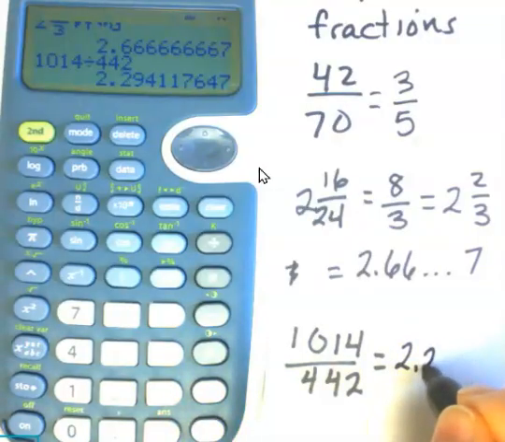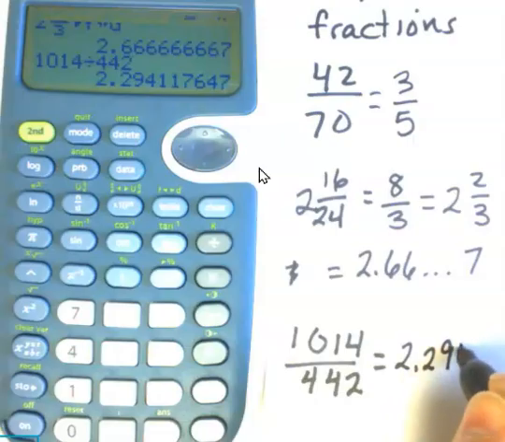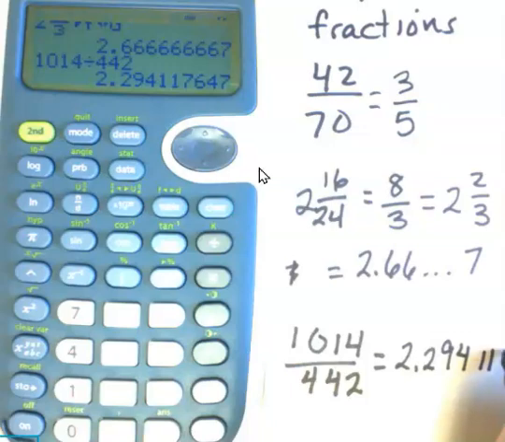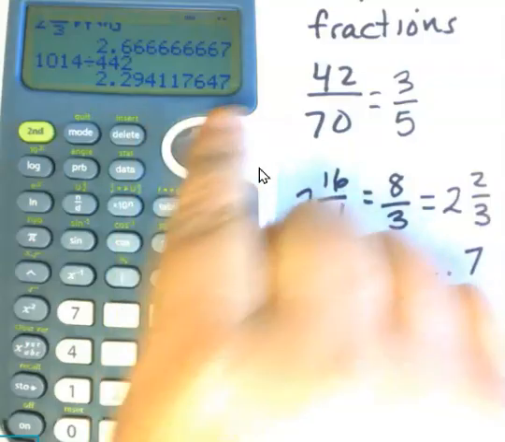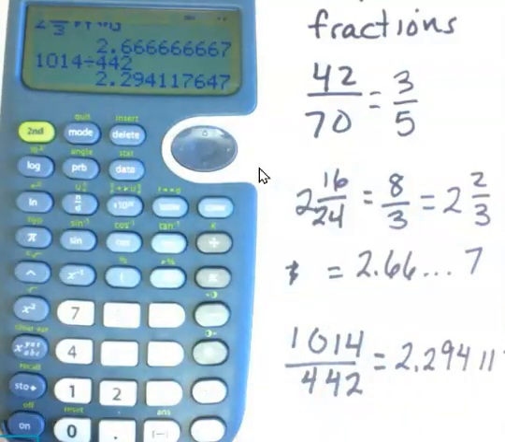And you should know that the calculator is remembering a lot more of the decimal than it is able to show you on the screen. So there's much more, infinitely many pieces to that decimal, and the calculator is, of course, not keeping track of infinitely many, but it's keeping track of a lot more than it looks like. All right, so this much of the decimal is not enough for me to turn that back into a fraction.